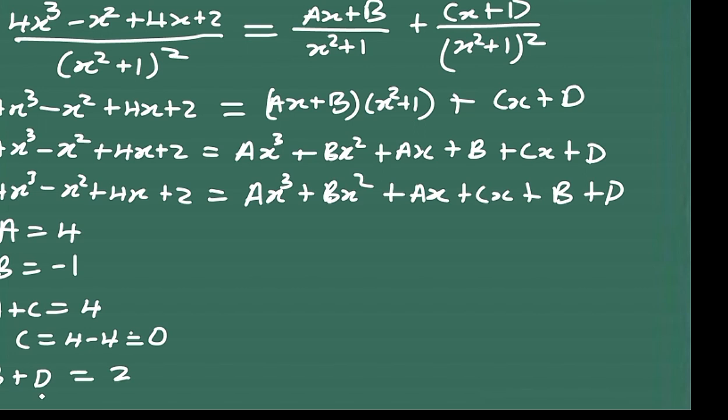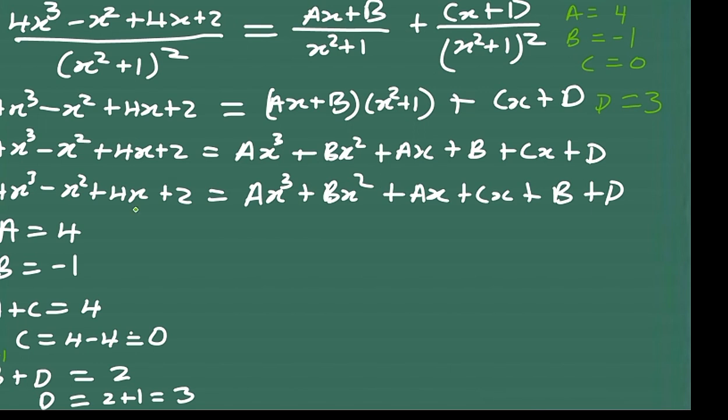So we will say that d is equal to, when we cross minus 1 to the right hand side, 2 plus 1, which is equal to 3. So we can say that the value of a is 4, b is equal to minus 1, c equals 0, and that of d equals positive 3.